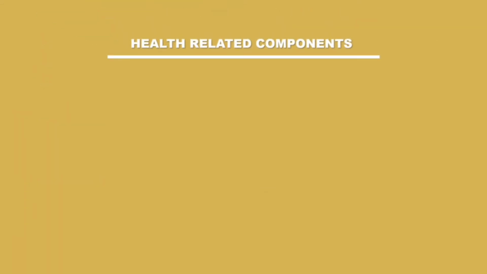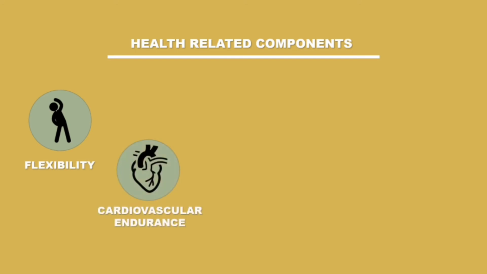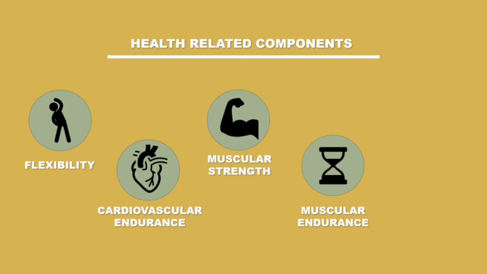So that's it. Those are the 5 health-related components: flexibility, cardiovascular endurance, muscular strength, muscular endurance, and body composition.